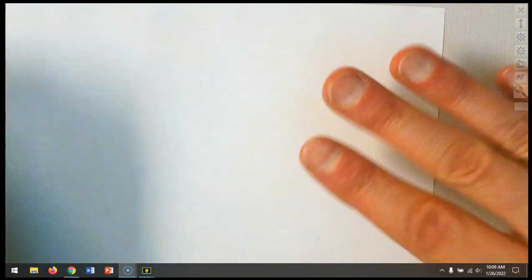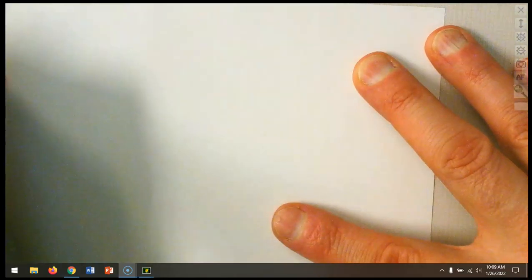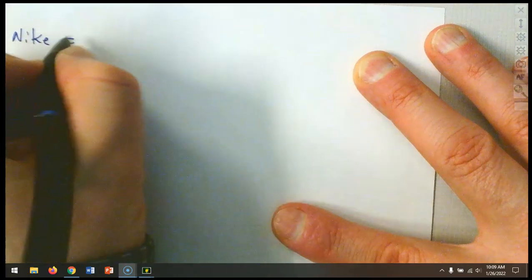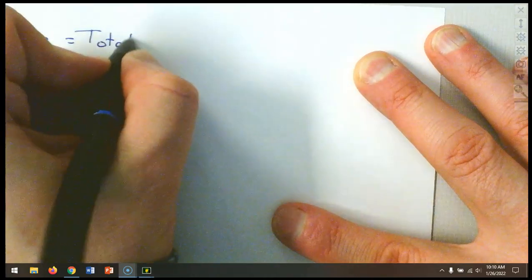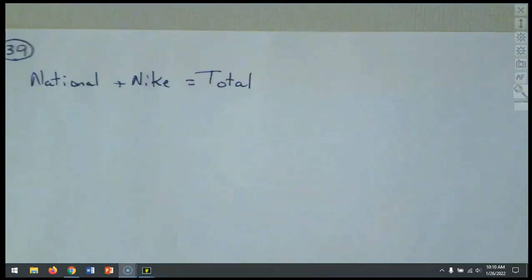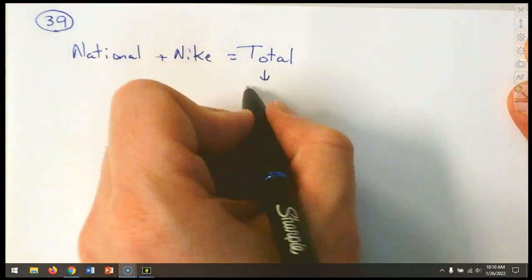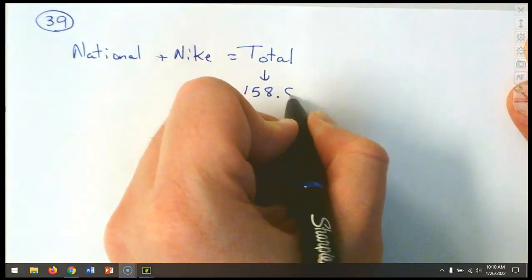Just like the perimeter, we have a total. And we know that our total is going to be the Nike plus National Geographic. So there's our base part there. Nike plus that National Geographic gives you a total. Now we know the total, when we put them together, that total is 158.8.